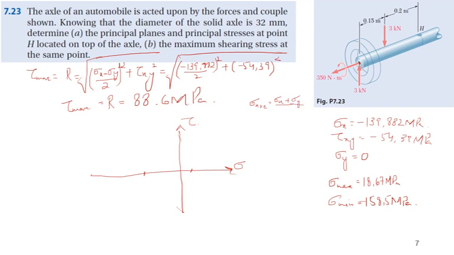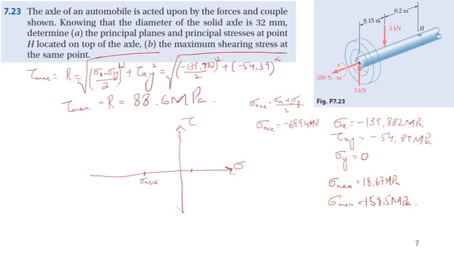Putting in the values of sigma average, the center of the circle will be equal to minus 69.94 megapascal. So this center will be here, sigma average.